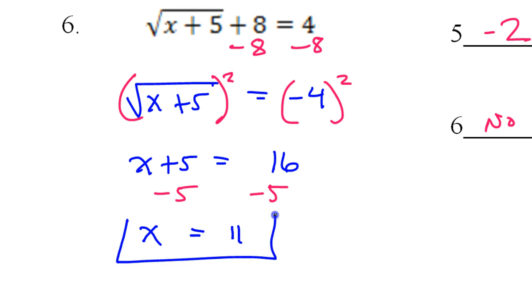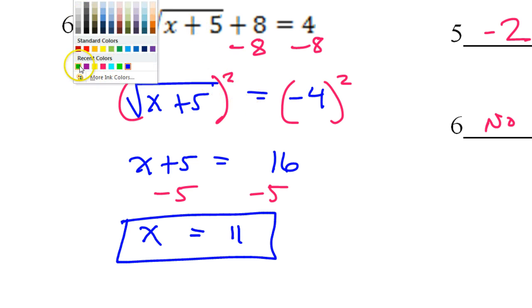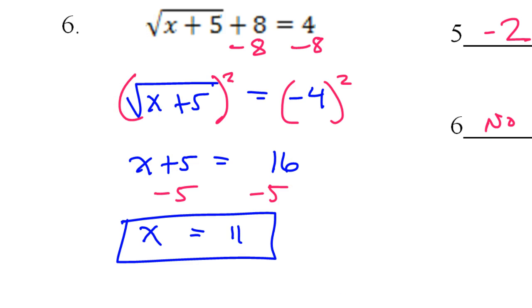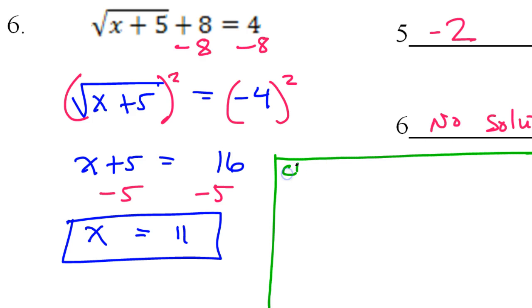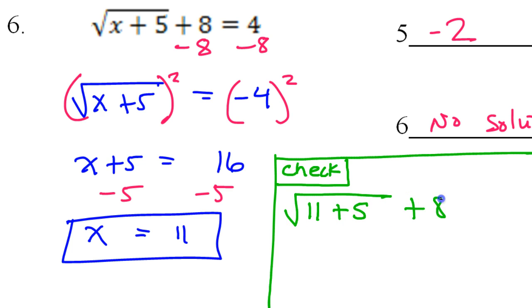Okay, and you would think this was the answer, but if you put 11 back in, let's do a little check and see the nonsense that ensues. If I put 11 back in there, then I'm going to get the square root of 11 plus 5, plus 8, is equal to 4.